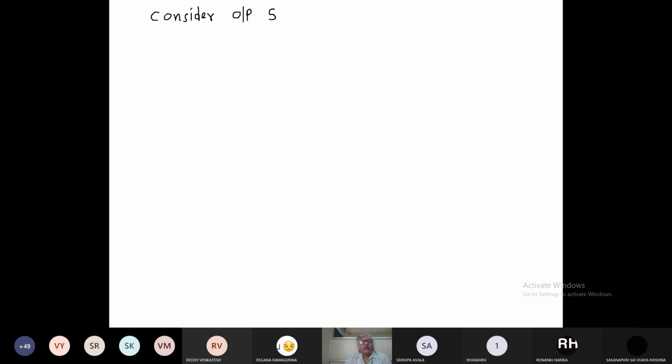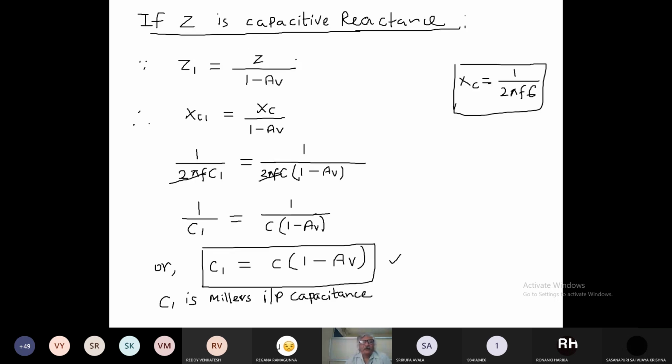So now consider the output side. Right? And apply Kirchhoff's current law at B. Now you apply Kirchhoff's current law at B. So now you see this figure at B, right?